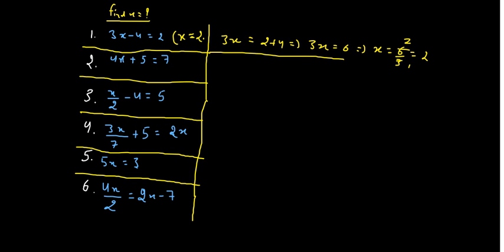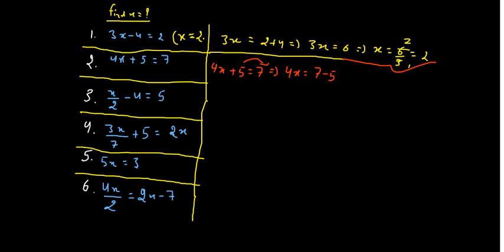So for the second one we have 4x plus 5 is equal to 7. That was our question. Now the next step for this question is 4x is equal to 7 minus 5. This is going to go on this side with a minus sign, and you know all that. Okay, very good. You are getting smarter.